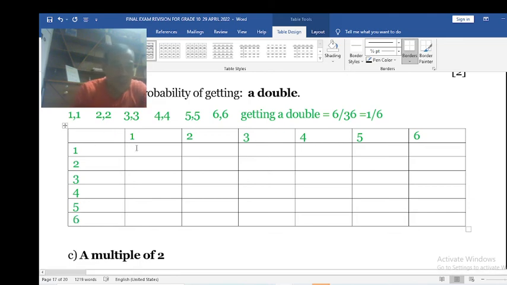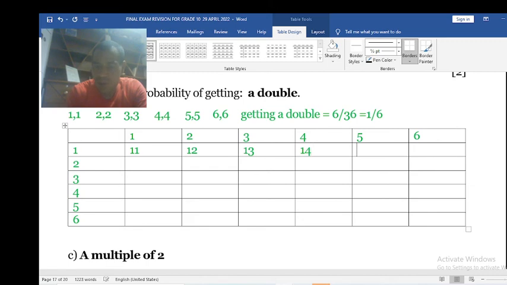So here we get 1,1, then 1,2, then 1,3, then 1,4, then 1,5, then 1,6.